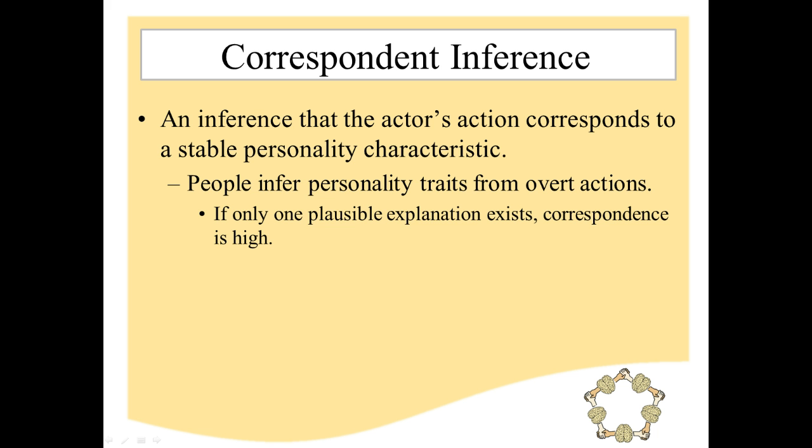So when we pay attention to someone's behaviour and try to explain it, we also pay attention to the consequences of that behaviour. So correspondent inference theory is an inference that the actor's action corresponds to a stable personality characteristic. More simply put, we tend to infer personality traits from an overt action.